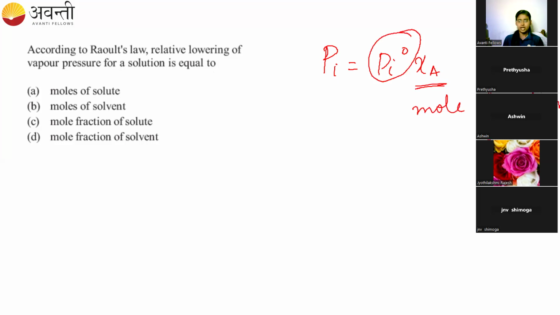So Xi is the mole fraction of the solute. The vapor pressure is directly proportional to mole fraction. So option C will be the correct answer. Got it? The relative lowering of vapor pressure for a solution is equal to the mole fraction of the solute.